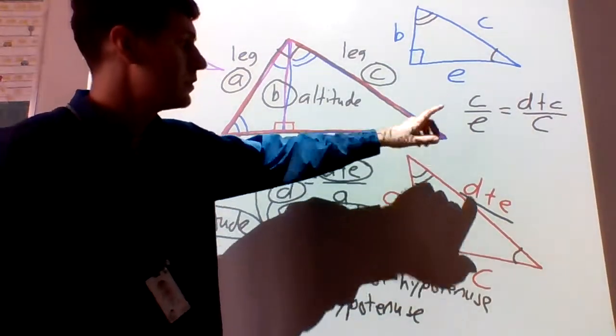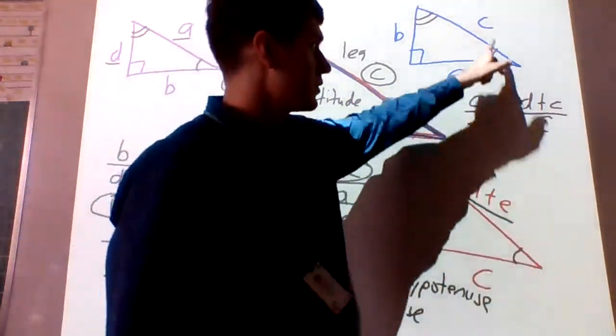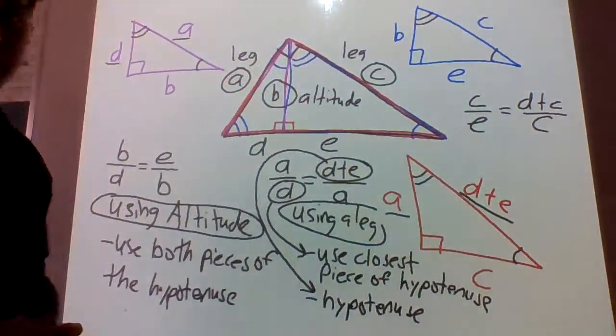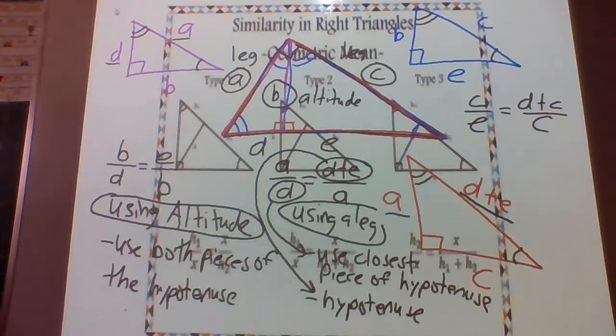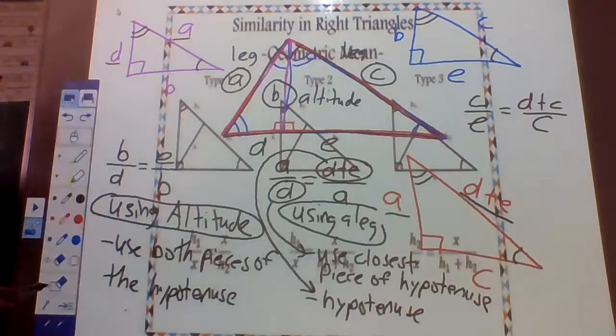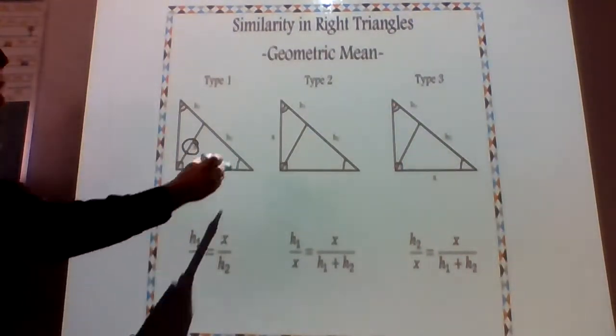Okay, C corresponds with E. D plus E corresponds with C. But let's get to some practice problems, if we will. Or let's look at this table first. Okay, so this, again, altitude, leg.